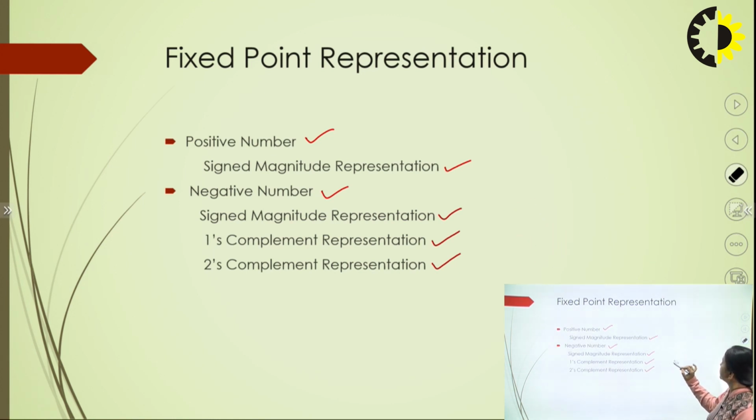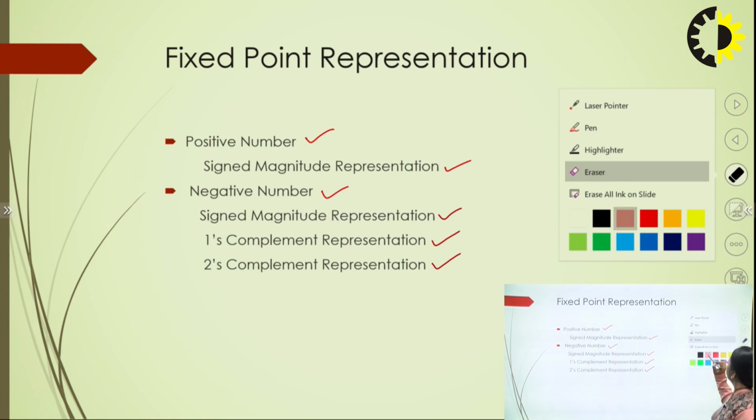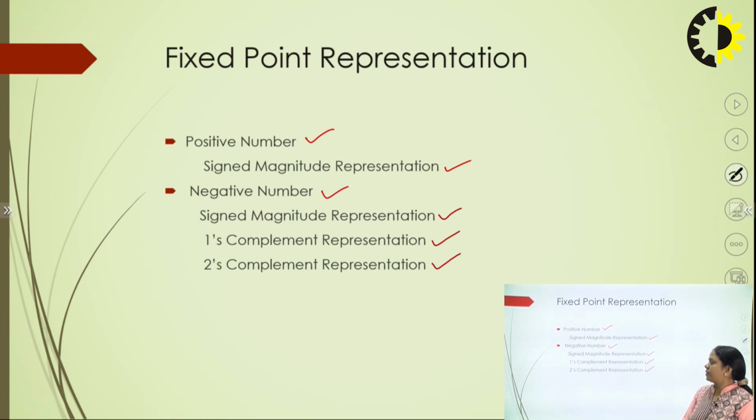Now, the next representation is 1's complement representation. In the 1's complement representation, we convert the magnitude value of the number into 1's complement form. You can see here, if the number is minus 1, in sign magnitude it will be represented like this.